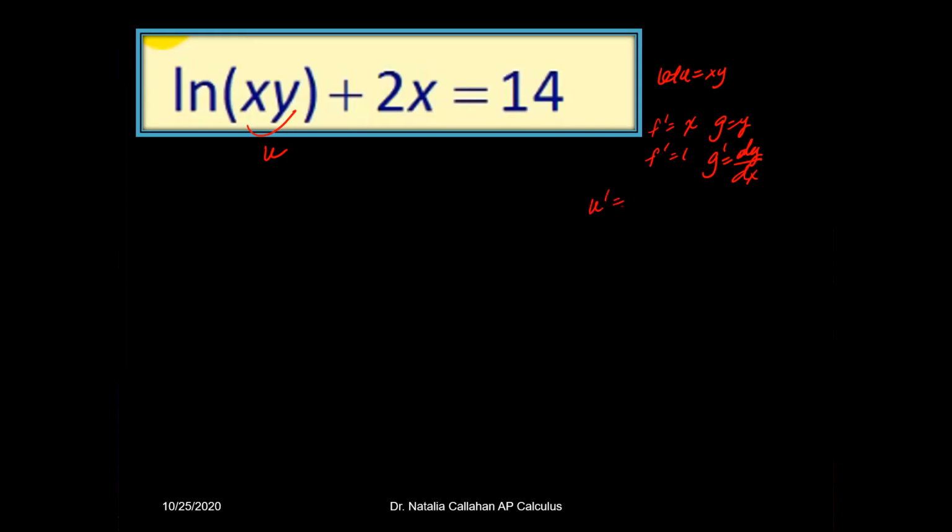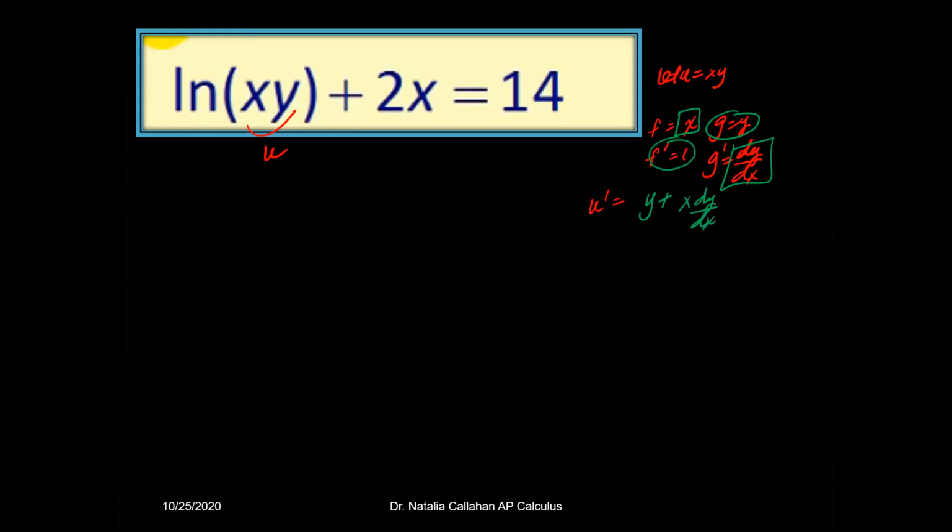So the u prime is going to be the product rule of that, so that's f prime times g, so that's 1 times y, which is y, plus f times g prime, so that's x dy over dx.